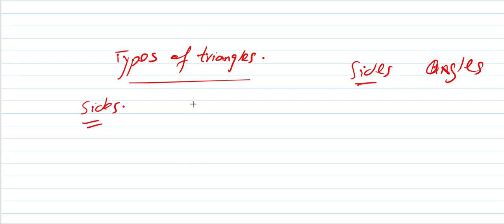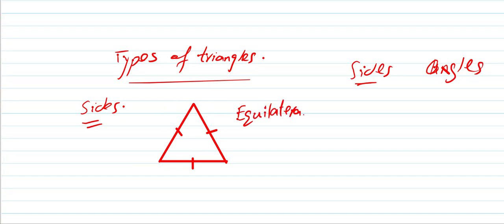The first type is the equilateral triangle. In an equilateral triangle, all three sides are equal. We call it an equilateral triangle. If all three sides are equal, then all angles are equal too.